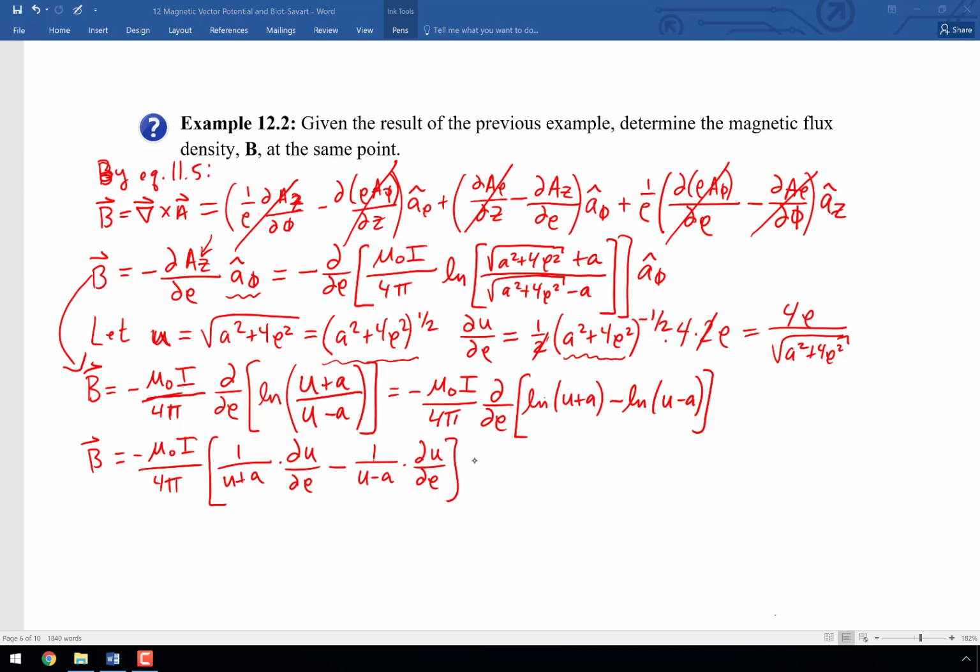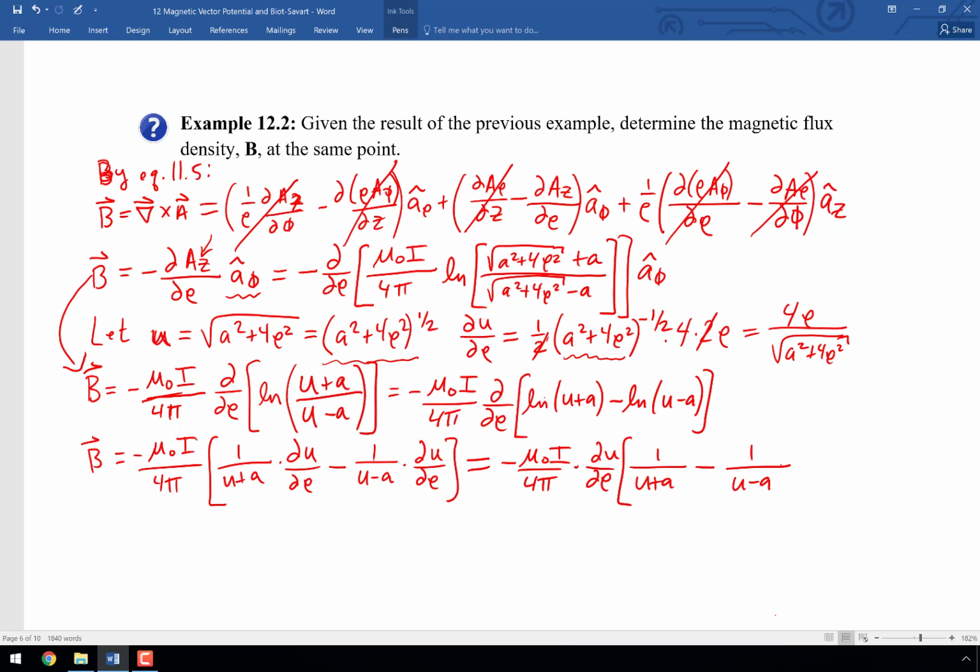Well, I can now substitute some things in, because I know that this is minus mu sub 0 I over 4 pi times, and I'm going to factor the du d rho out in front, and now I've got 1 over u plus a minus 1 over u minus a.